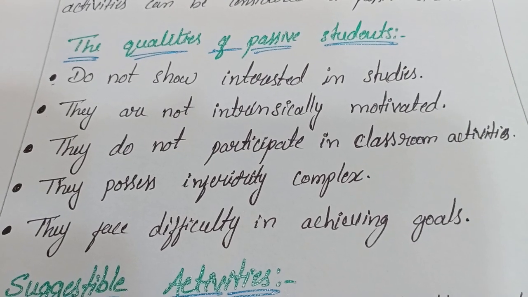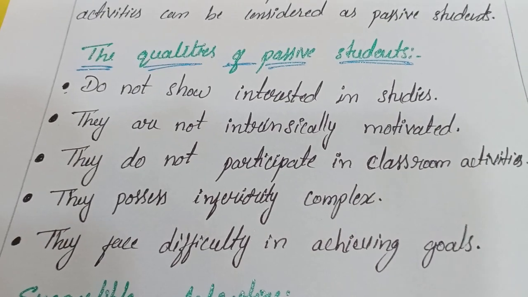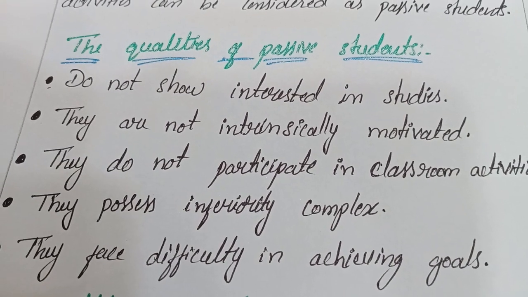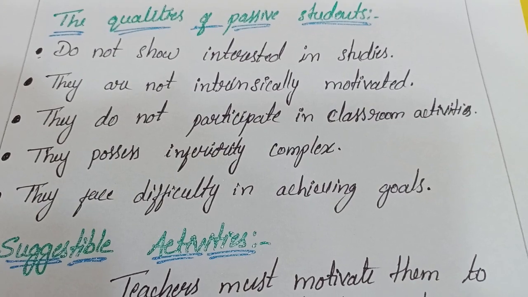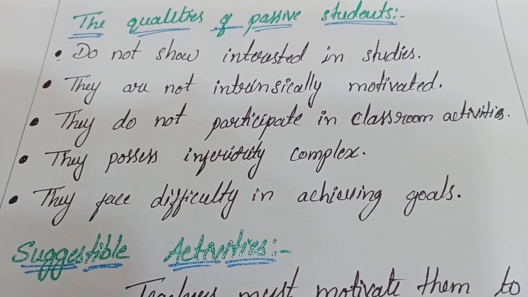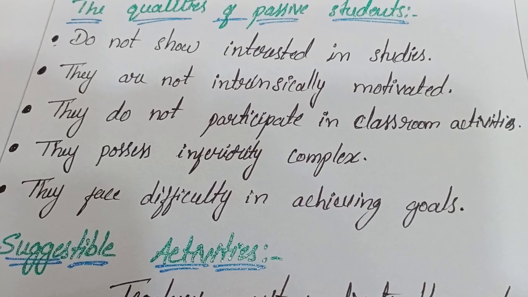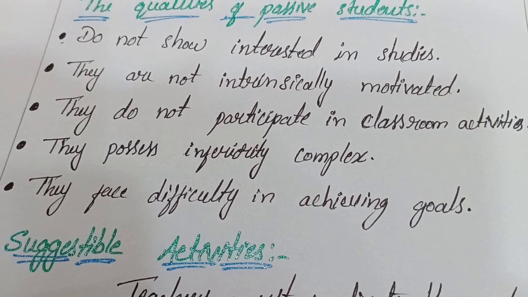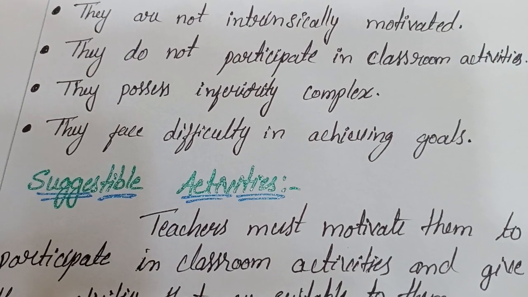That's why the teacher has to help the students to motivate themselves. They have to build self confidence. They do not participate in classroom activities. Why? Because they are passive students. They have no interest in taking part in any participation in the classroom.